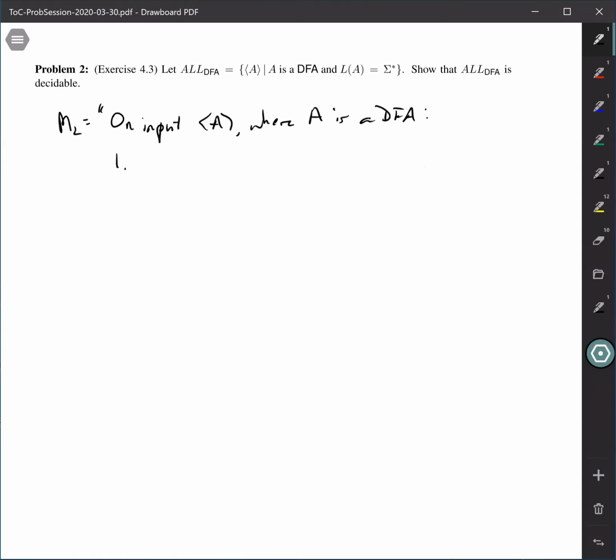Let's go through. I'm going to make a little note out here to the side. Some of the languages that we have. A sub DFA is the first one they look at in the section.